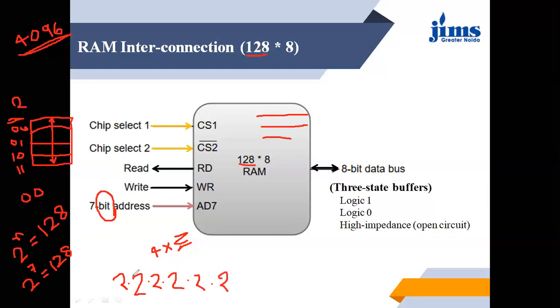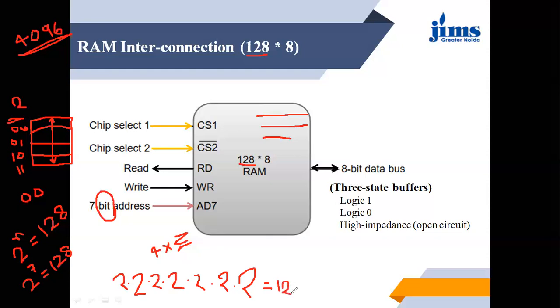These are 1, 2, 3, 4, 5, 6 and 1 is left, so this is also 2. So when I multiply this, 2 times 2 is 4, 4 times 2 is 8, 8 times 2 is 16, 16 times 2 is 32, 32 times 2 is 64, and 64 times 2 is 128.